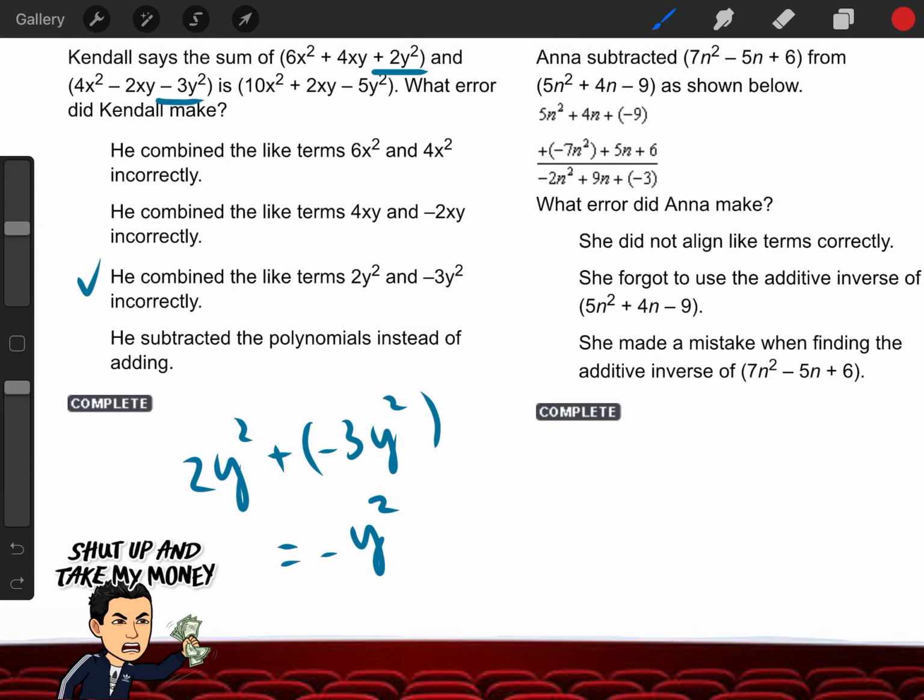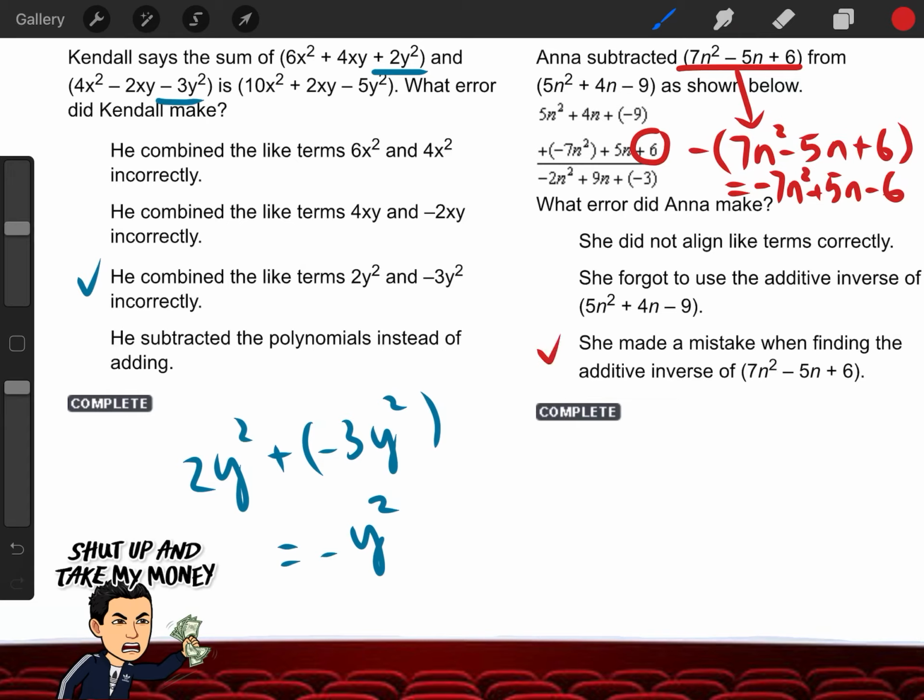So the additive inverse of the second polynomial is wrong, because if you put a negative in front of the 7n squared minus 5n plus 6, it should become negative 7n squared plus 5n minus 6. Okay, so here the positive 6 is wrong. That's why the answer is wrong. Okay, so what she did was she made a mistake finding the additive inverse of this polynomial.